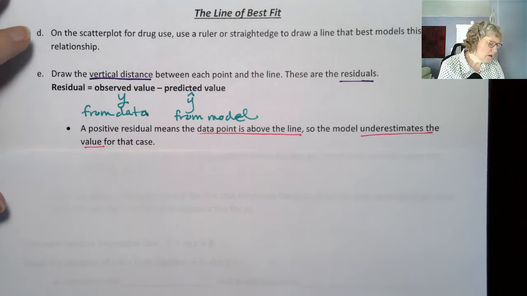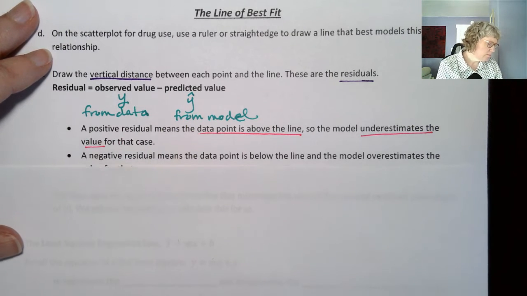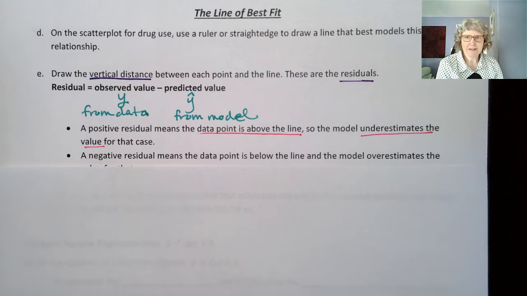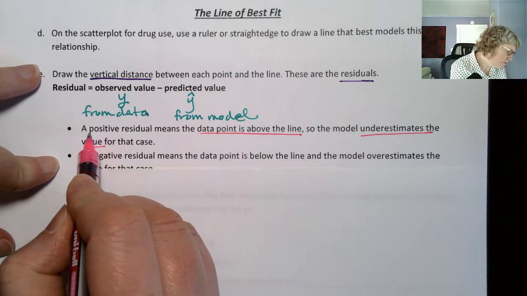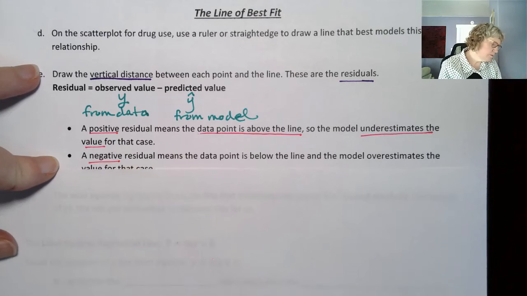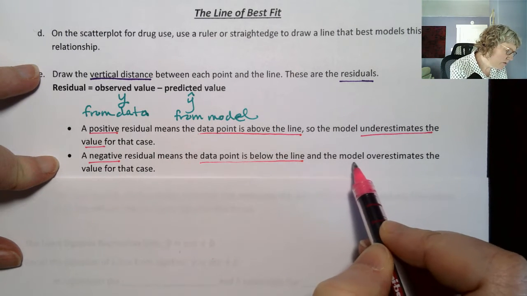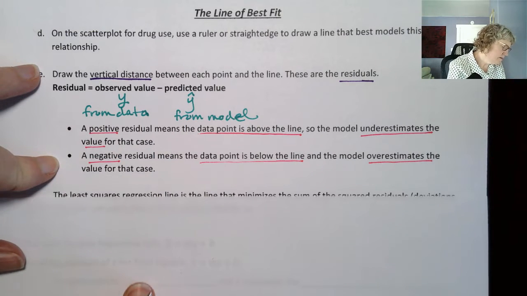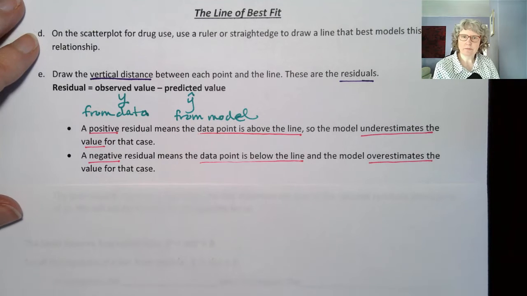The data is what it is, right? It's not low or high, it just is what it is. And a negative residual means the data point is below the line, so the model overestimates the value for that case.